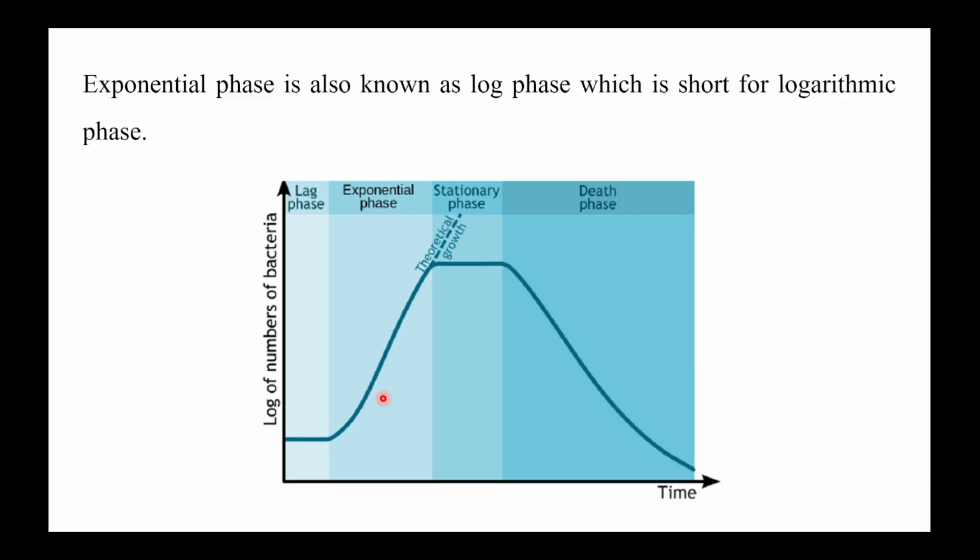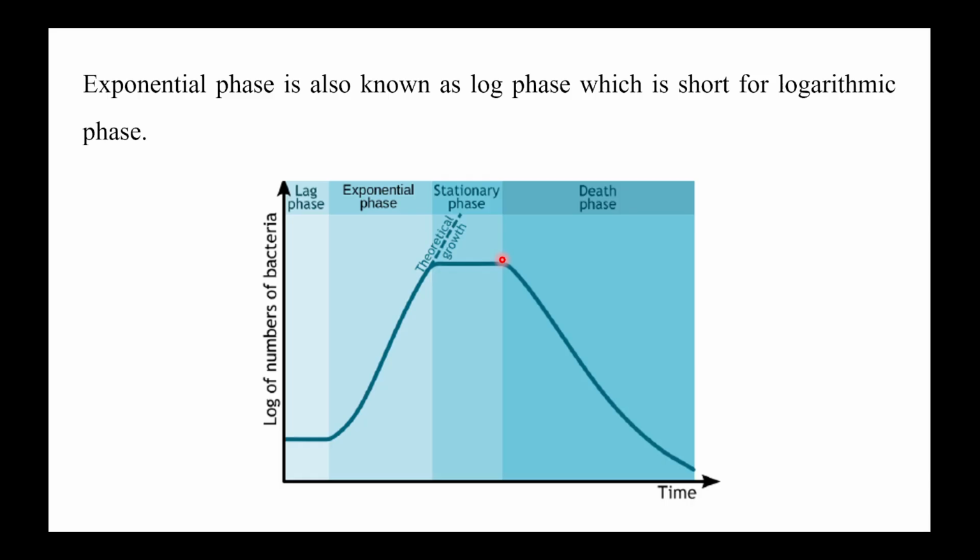There's no way that the food will be unlimited. So there has to be a point where everything is over and now the bacteria can't grow anymore. So there will be a stationary phase. The stationary phase is there for a certain time period before it enters the death phase, where the cells start dying.